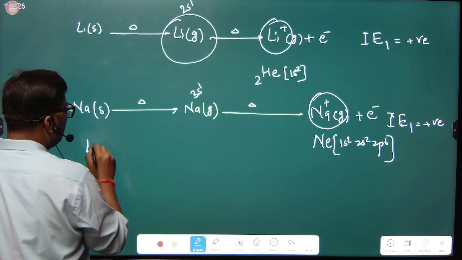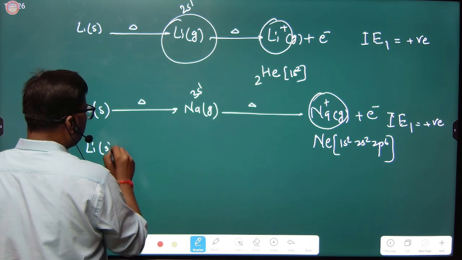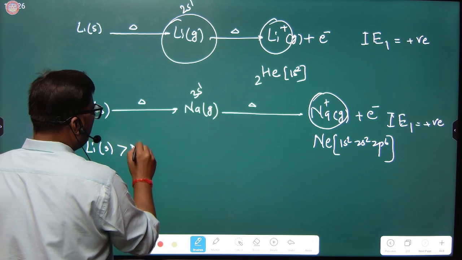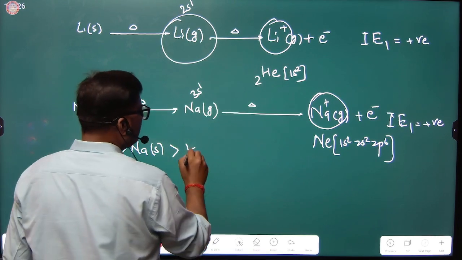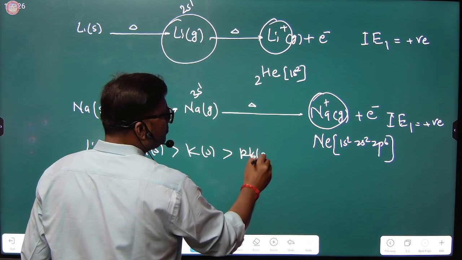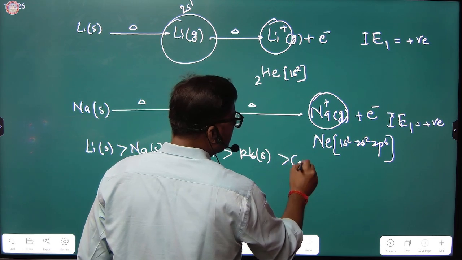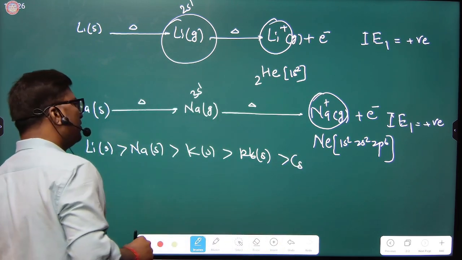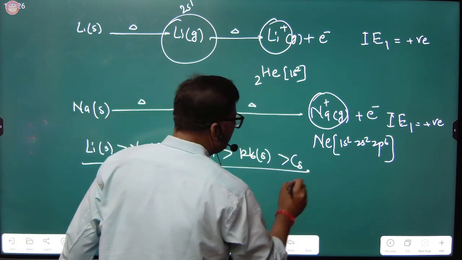So lithium, sodium, potassium, rubidium, and cesium, right? So this is the order of ionization energy.